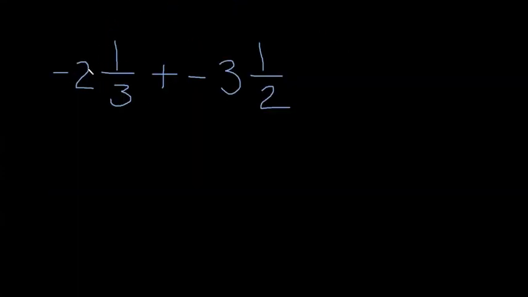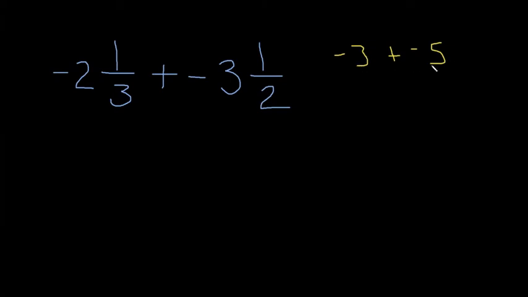Here's another one. We have negatives. In this case, if I have a negative and a negative, remember when we add and subtract integers, if we have a negative 3 plus a negative 5, what are we doing to these numbers? These are price tags. These are items you threw in your shopping cart. This is a price tag and that is a price tag.